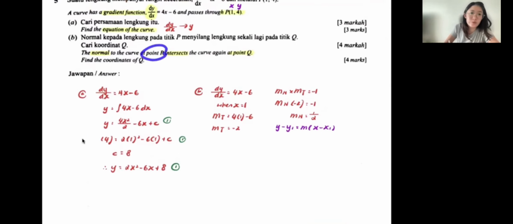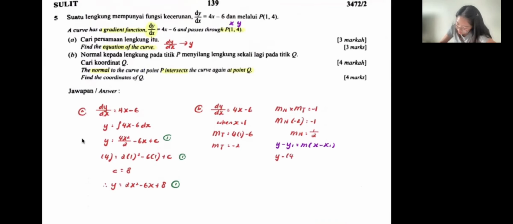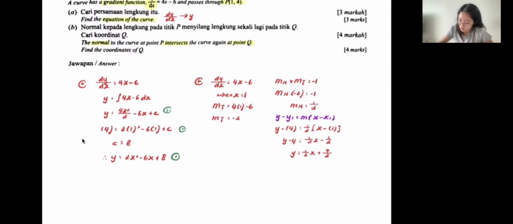Point P. You use point P. So that will be y minus 4 equals 1/2 times (x minus 1). y minus 4 equals 1/2 x minus 1/2. 4 move over, you add up. So over here you will get 7/2. 2 times 4, 8. 8 minus 1, 7. So 7/2. This will be your equation number 1.